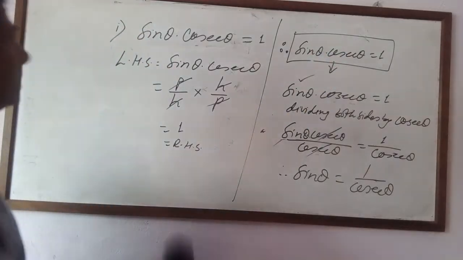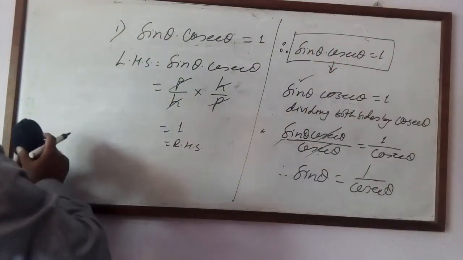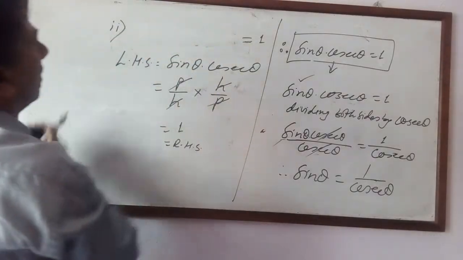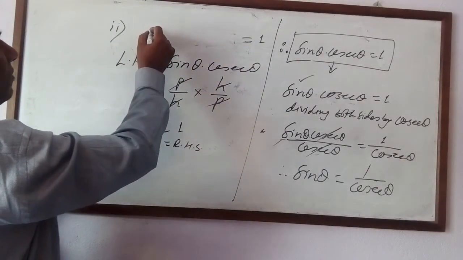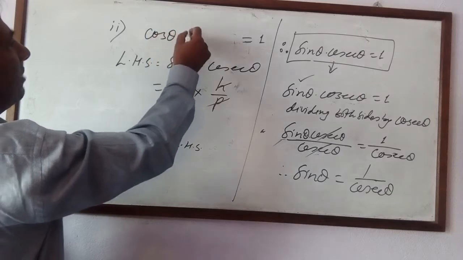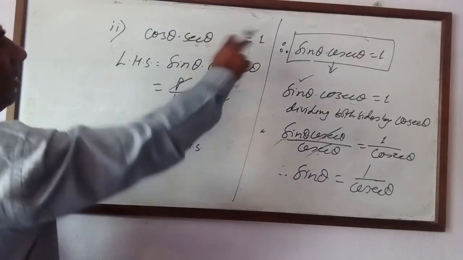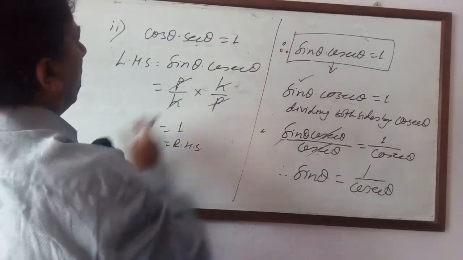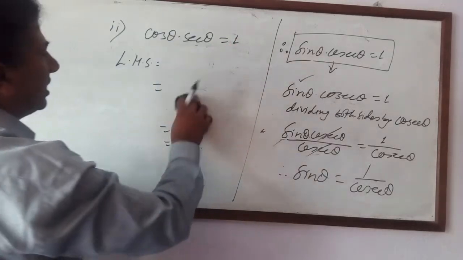Now I did one similar. Next one, question number 2. The next relation: cos theta times sec theta also equals 1. This also we can prove just like this.